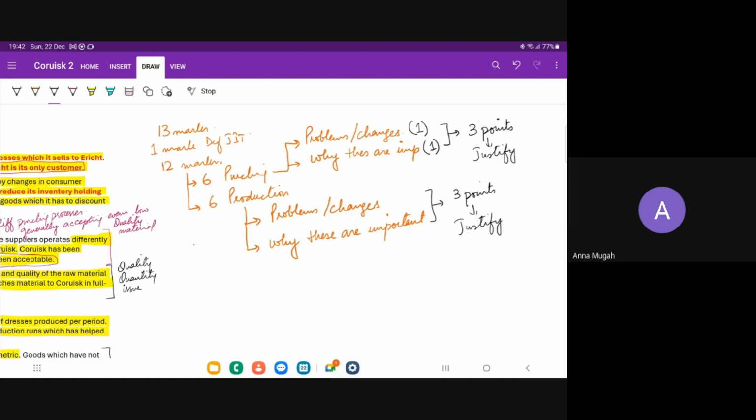So identification of the first problem and its justification, identification of the second problem and its justification, identification of the third problem and its justification, and you are done. If you think that these three may not get you enough marks, you can write a fourth one, but don't write more than that, because generally the examiner will give you a lot of things in the question.